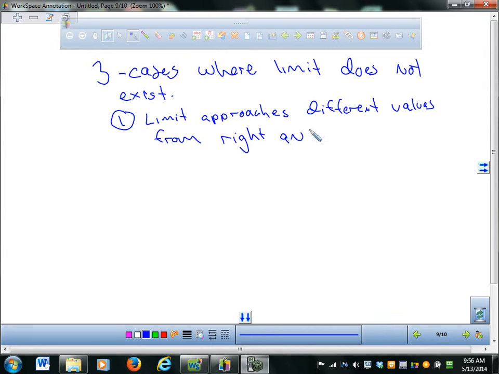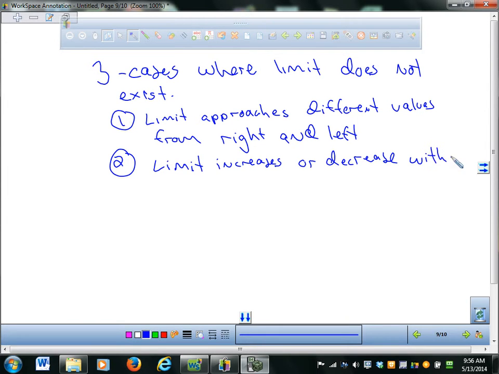And then 2, the limit increases or decreases without bound as x goes to c.